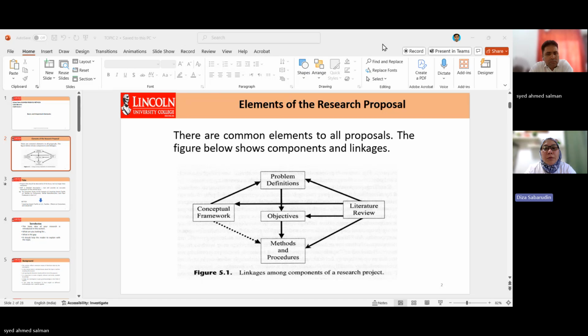Sampling refers to the process of selecting a group of individuals or items from a larger population to participate in the study. It can be probability (random) or non-probability (purposive, convenience-based), depending on the research goals and design.